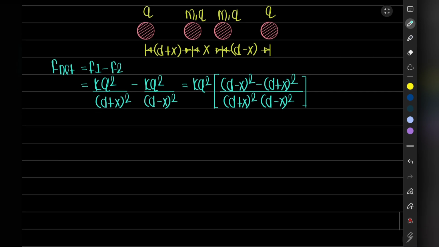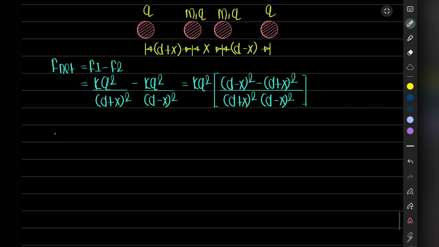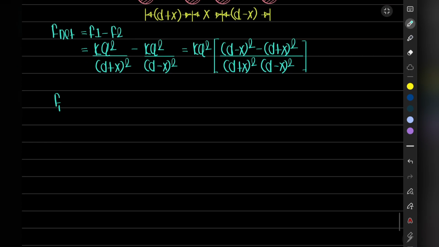So this is the expansion we have here. After expanding this, let's see what we will have. I'm not writing the complete expansion, you can do the simple multiplication. After expanding this bracket, in the numerator we will have minus 4 d x, whereas in the denominator we will have (d square minus x square) to the power 2.